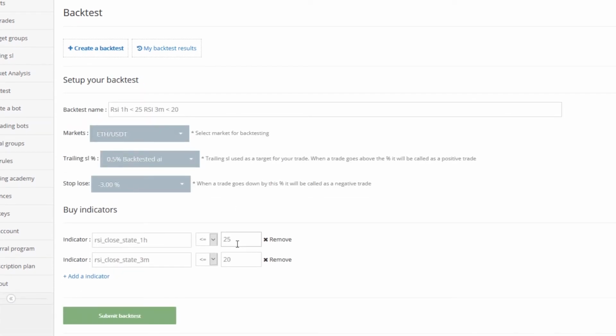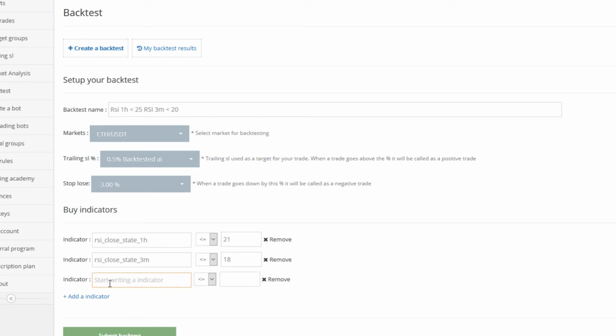Maybe we can lower the RSI a little bit, lowering the 30 minutes to 18, and maybe we should add, as I was talking earlier, RSI close state on day below 50. Maybe we need to do minor changes to reduce the tops. We don't buy at the higher tops.